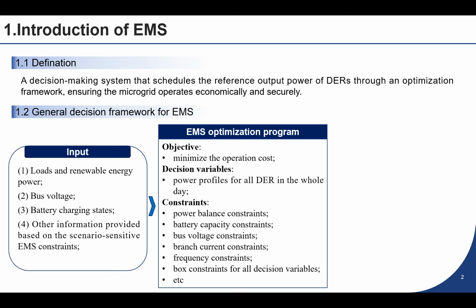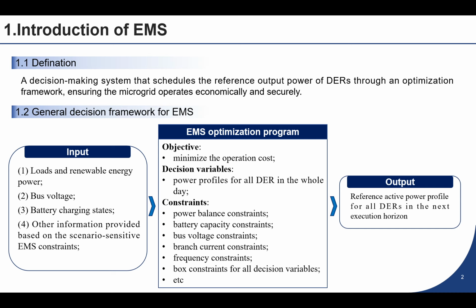The decision variables are typically the reference power profiles for all dispatchable energy resources of the entire planning horizon, and the decision must satisfy a variety of constraints including power balance, battery limits, voltage limits, branch current limits, frequency requirements, as well as box constraints on all decision variables.